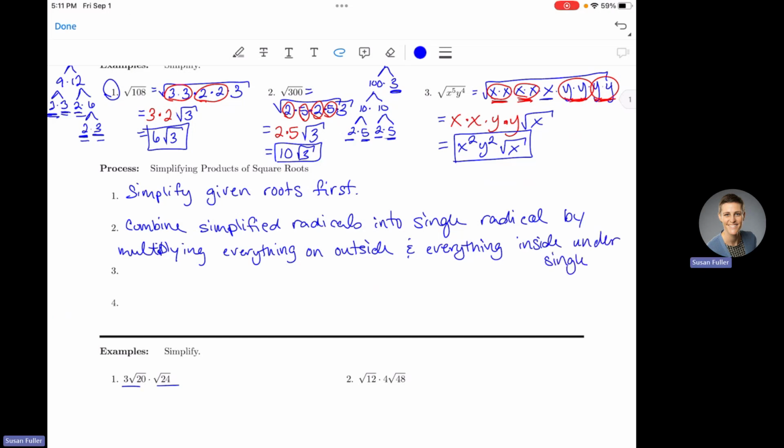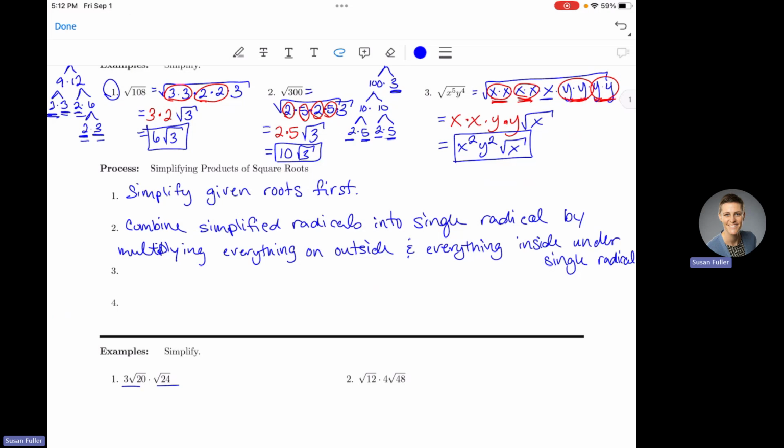Hopefully that'll make sense when we do it. After you combine everything into a single radical, you'll multiply the outside stuff and combine everything inside under a single radical.